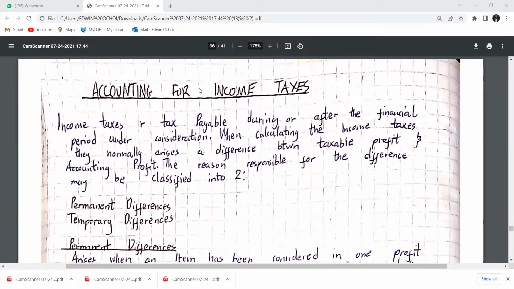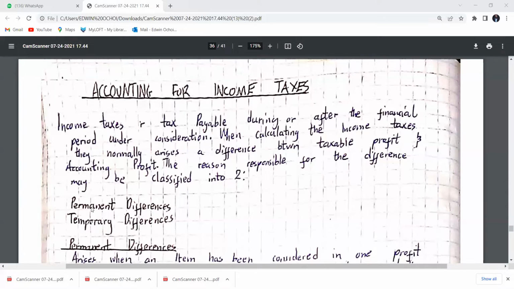Unlike in accounting profit. So that is why when computing for the income taxes, they normally arise a difference between taxable profit and accounting profit. So the reason responsible for the difference may be classified into two. So we have what we call permanent differences and the temporary differences.